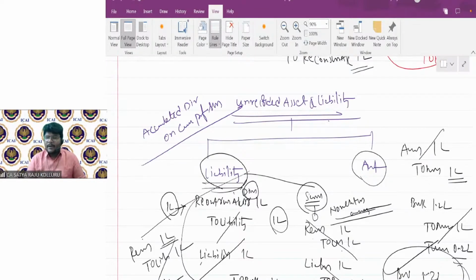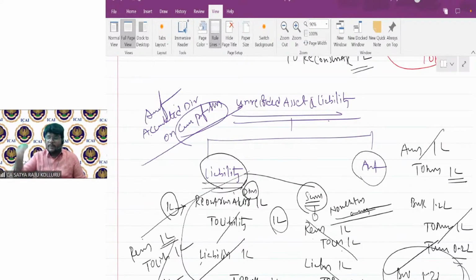When the company has sufficient profits and wants to, then it may pay dividend. If the company does not have sufficient profits, then the dividend need not be paid. But in case of cumulative preference shares, the preference shareholders have a right that whatever dividend is in arrears, they can receive it on the attainment of profits by the company. That means these are all arrears of dividend on cumulative preference shares.